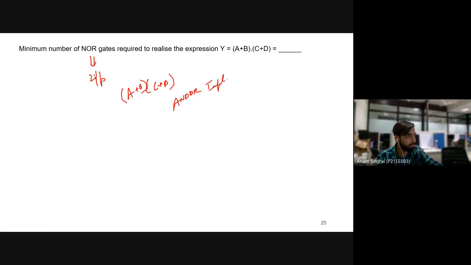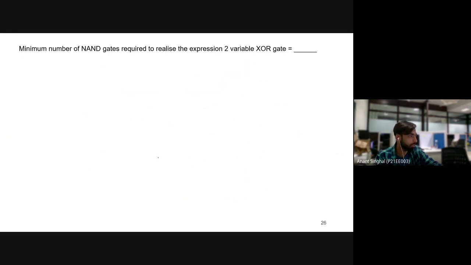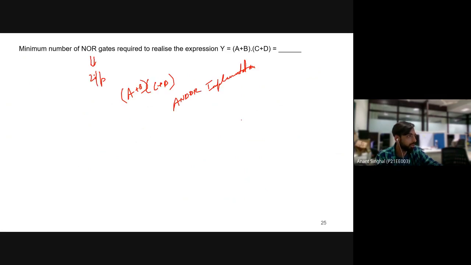That will help you in solving these questions. And then there is one more question, minimum number of NAND gates required to express two input XOR gate. So please come with the answers of these three questions in the next week session at the same time that we'll have on Monday.